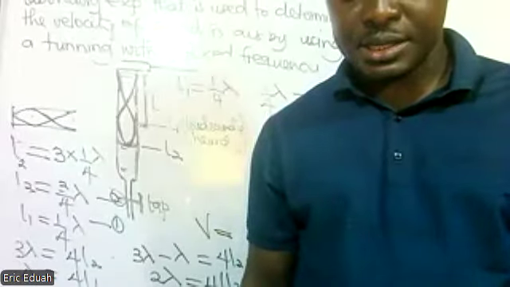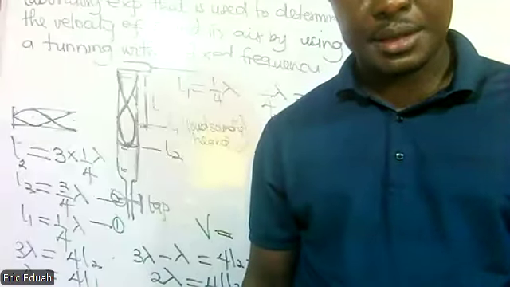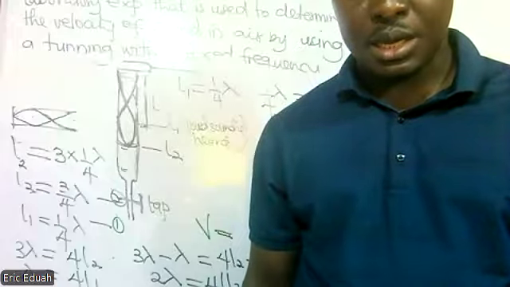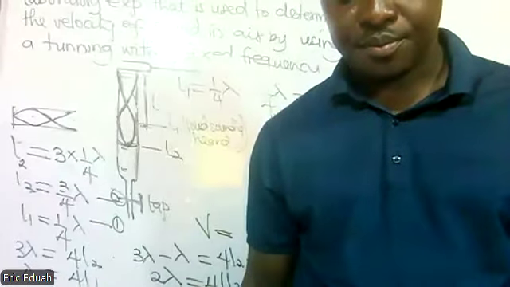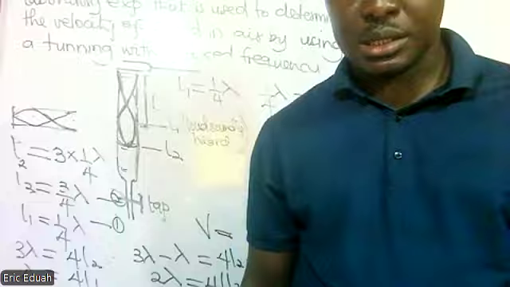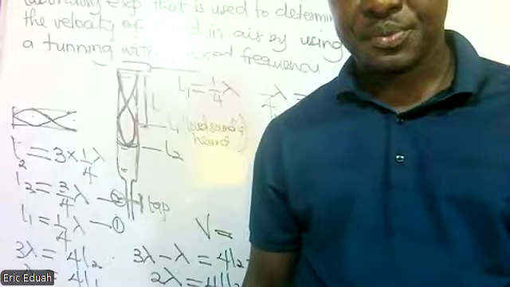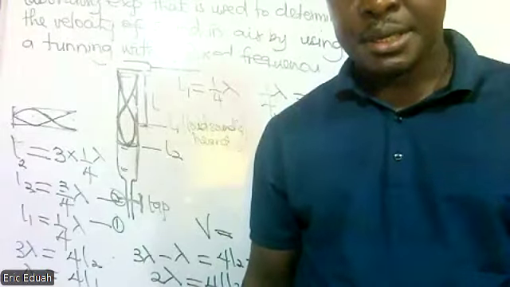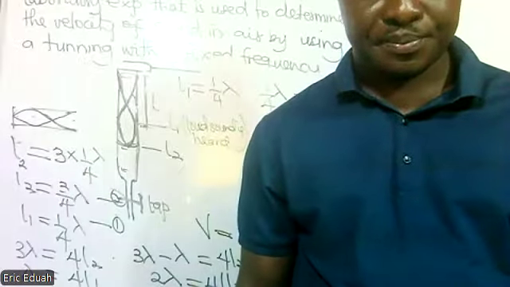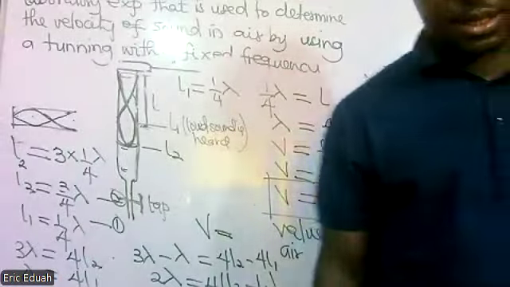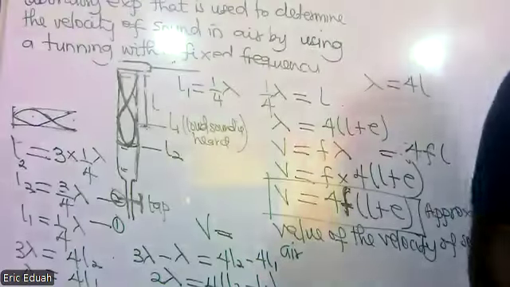If the first and second resonating lengths are 0.34 and 1.05 meter respectively, calculate I, the approximate speed of sound in air, and II, the accurate speed of sound in air. So give it a try. Give it a try within 5 minutes.